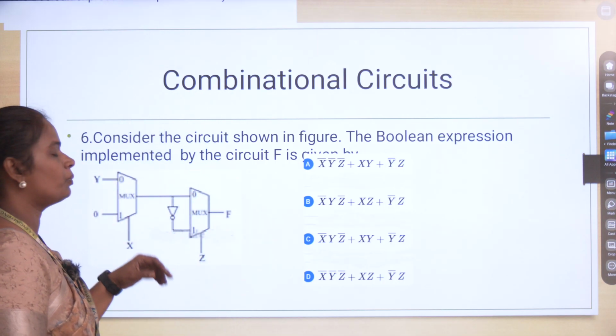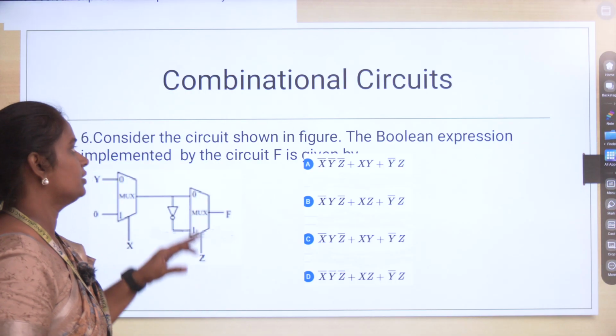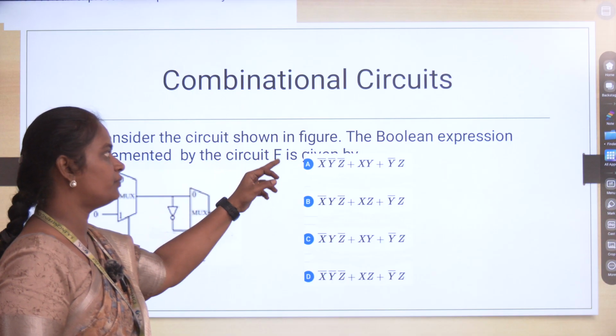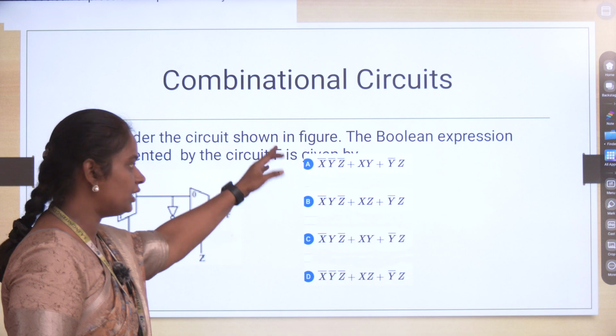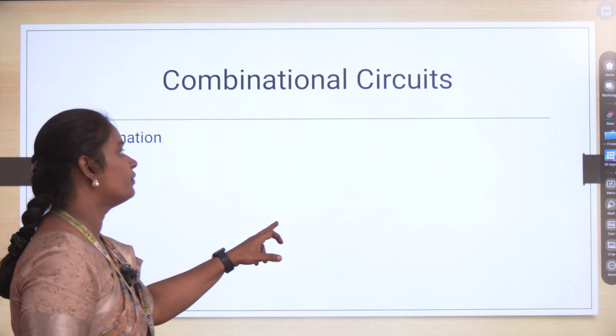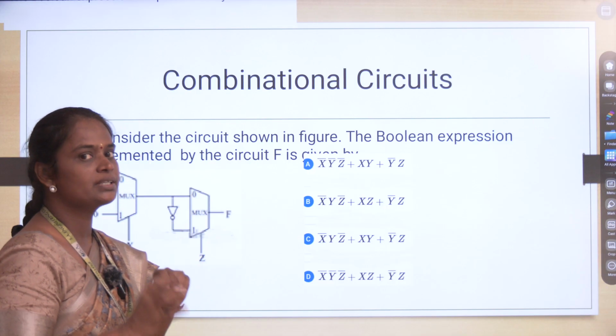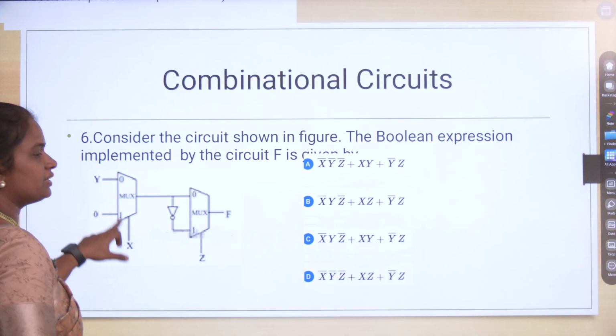Next question, it is also based on the multiplexer only. For all these questions, we have to write the output equation. Consider the circuit shown in the figure; we have to write the output equation F. The 4 options are given. There are 2 multiplexers, so we have to write the output equation for this multiplexer. It depends upon the selection line only.